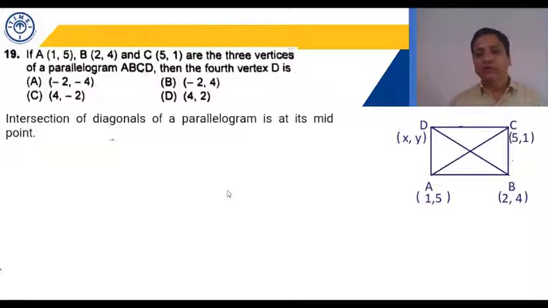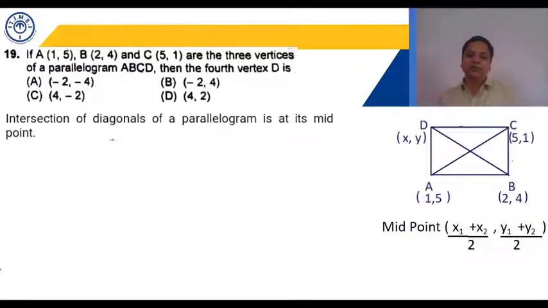We have to find the fourth vertex D. Now, one thing is for sure, the intersection of diagonals of a parallelogram is at the midpoint. The midpoint of AC we can find using the extension of the section formula, which says the midpoint is (x1 plus x2 by 2, y1 plus y2 by 2).